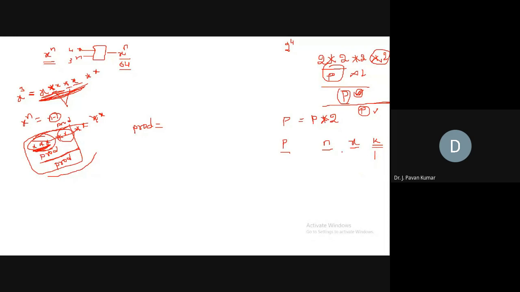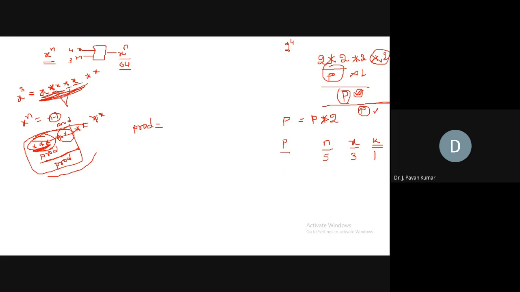Then what will be the product in the first iteration? P value will be X into X, because only one multiplication has been performed. If K value is 1, one multiplication has been performed, so P will be X into X. Let us consider X value as 3 and N value as 5, that is 3 power 5 we have to get.